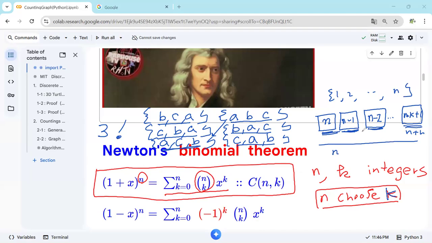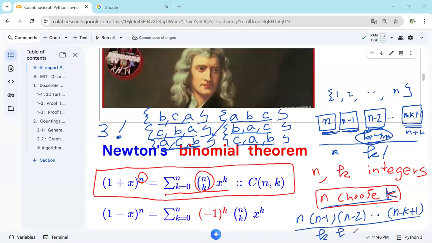Because we select k elements, it must be divided by k factorial. So in short, n choose k is n times (n minus 1) times (n minus 2) up to (n minus k plus 1), divided by k factorial, which is k times (k minus 1) down to 2 times 1.